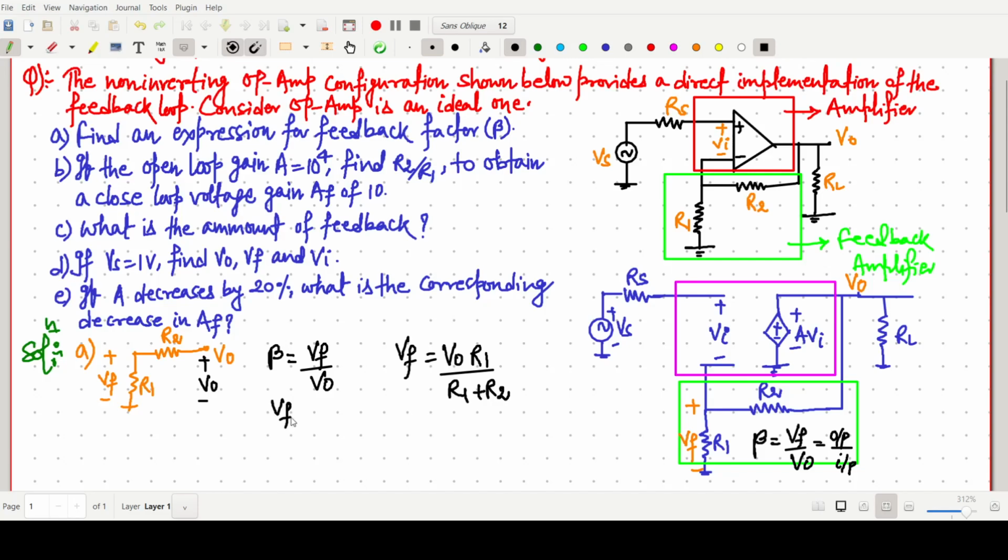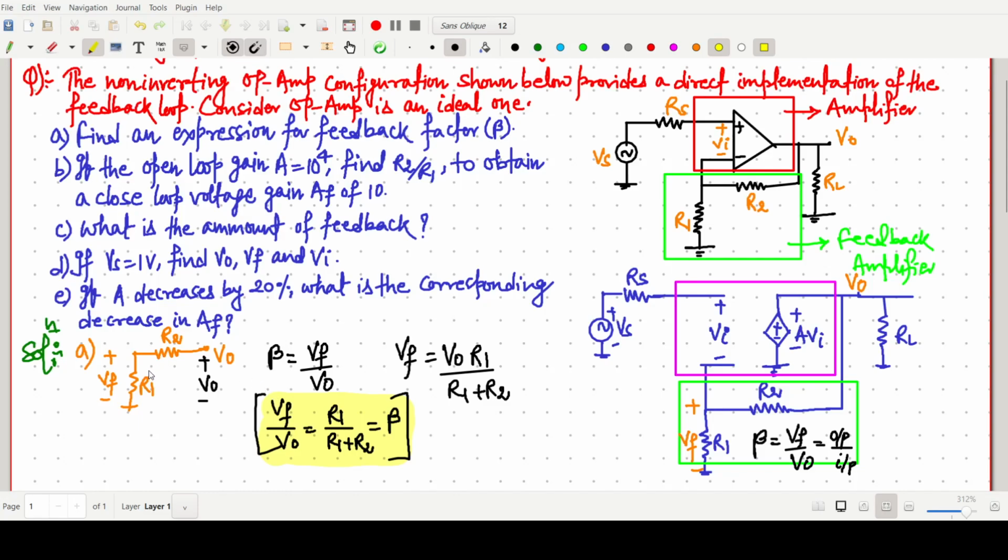So Vf by V naught is simply R1 by R1 plus R2, and this is our beta. This is the first question, find the value of beta.